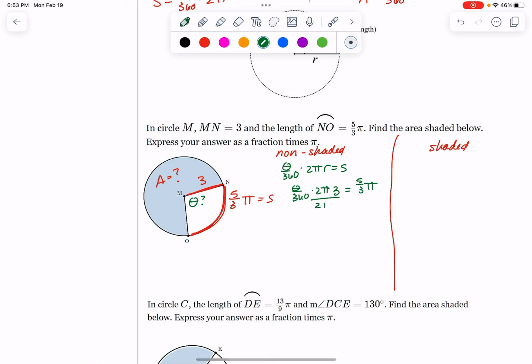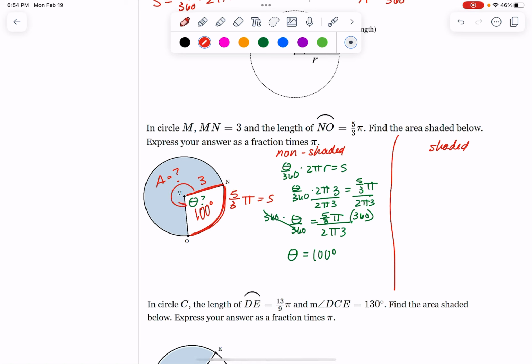I'm going to divide by 2 pi 3, so that theta over 360 equals 5 over 3 pi divided by 2 pi 3. Multiply both sides by 360 to eliminate my denominator, and I get theta equals 100 degrees. So this theta is 100 degrees.